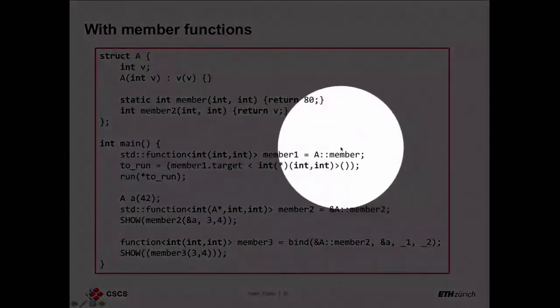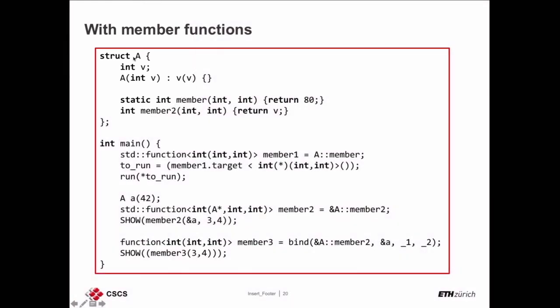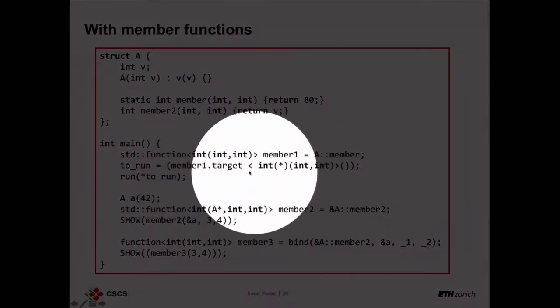It cannot access V. You cannot go into the static member and access V. The reason is that this static member is not going to take the this pointer as an argument. It will just be a regular function that takes two arguments and returns an integer, and the name of this function will be A::member or whatever the compiler mangles it to. So this is the static member function of that class. And now I can take the member1, I retarget to this function, and I can call it.